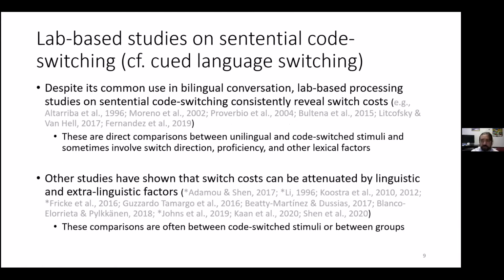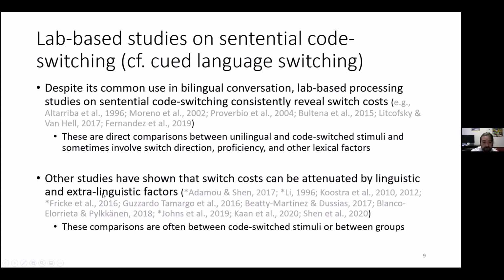Now, there is a more nuanced set of findings from that literature in terms of switch costs and online processing. So while there are documented switch costs in comprehension, it does seem that it involves certain kinds of factors like the direction of the switch, the proficiency of the speakers, and potential other lexical factors, including grammatical category and whether it's a cognate or not, for example.